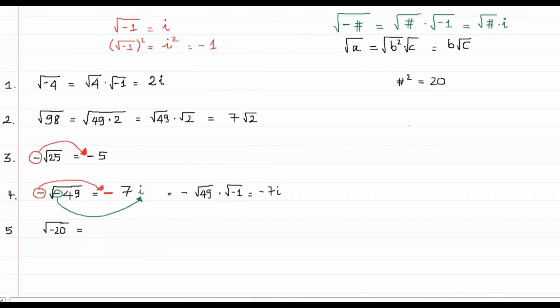That's not a perfect square. So we find out 20 is 4 times 5, and we can see that 4 is 2 squared. 2 times 2 is 4. Then times 5.